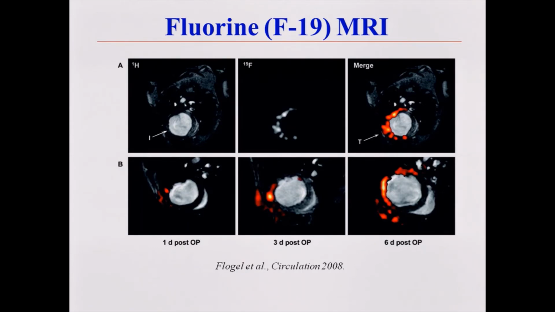And this is work out of Düsseldorf originally, now used by many groups, taking liposomes, packing them with fluorine 19, because you do have a sensitivity issue there. You need a lot of fluorine there to detect it, F19 that is, and then imaging the same signature in the infarct by MRI.